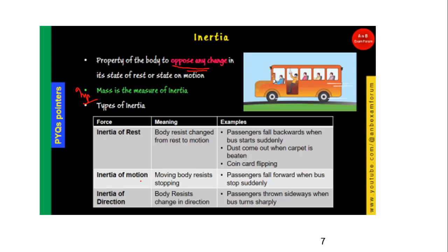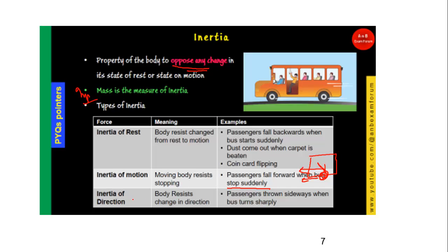Similarly, if a body is in motion, it tries to remain in motion, and it resists stopping. Again, taking the bus example, the passenger falls forward when the bus stops suddenly. The bus is going, and your lower body stops, but your upper body is jerked forward because of this resistance to change.